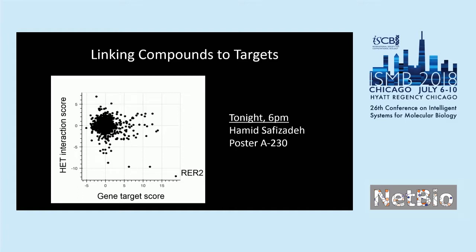There's been a lot of work in this area by others. So what we're looking for is the bottom right, showing a really good alignment between these two data types in the predictions that we make. So I want to direct you to my colleague Hamid Savitsadeh's poster tonight, who is doing a lot of this integration work.